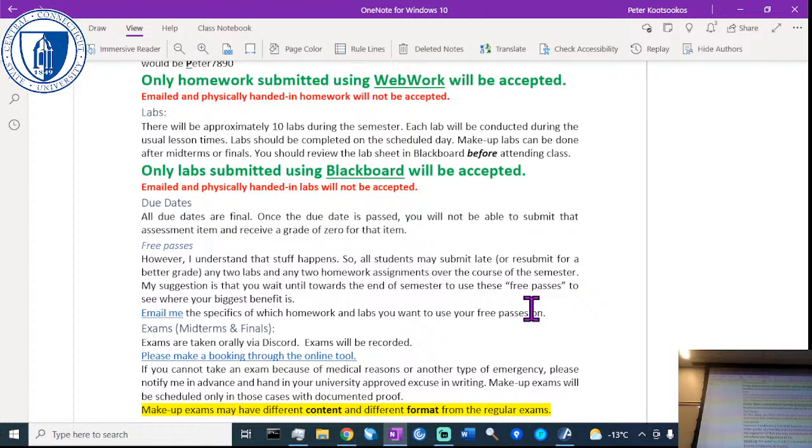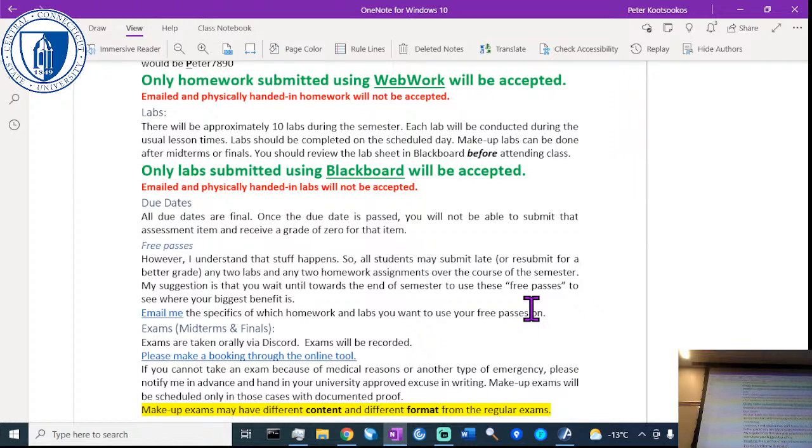Due dates are final. Once you pass the due date, that's it. You get 0 for that piece of assessment, whether it's a lab or a homework assignment. However, if you tell me before the due date that there's a problem and you need an extension, I'm usually okay to give you an extension before the due date.